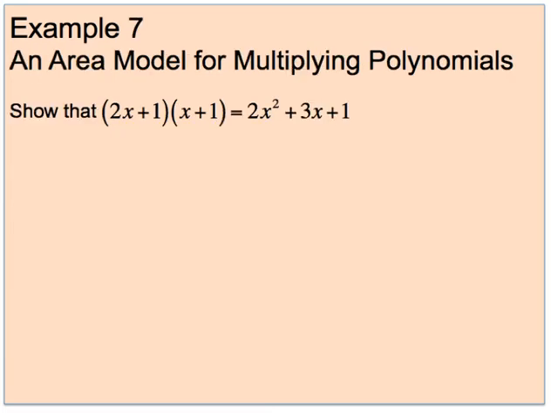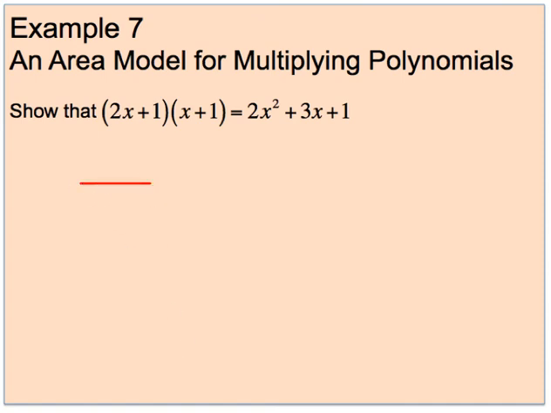So if we want to use an area model for multiplying polynomials, it's important to understand that multiplying polynomials really is somewhat of an area-related question. What we want to do is establish some specific length and call it x.